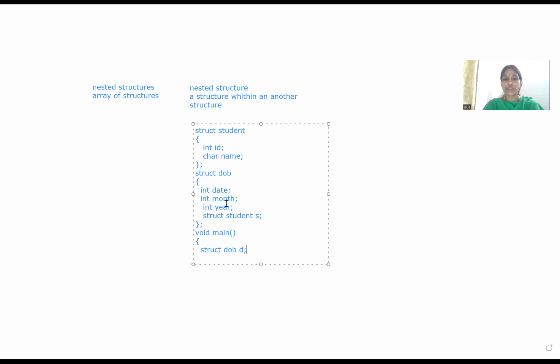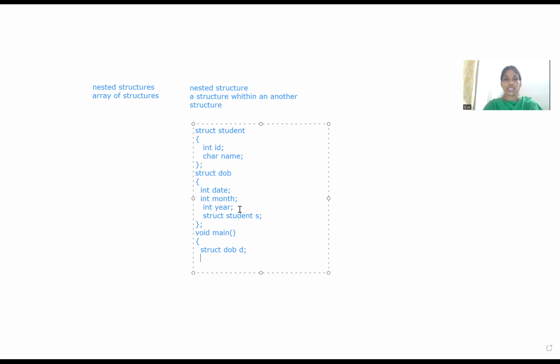For these variables we also need to initialize the values. For that reason, I am creating the structure variable for the date of birth. Now, initialization. How are we initializing the values?